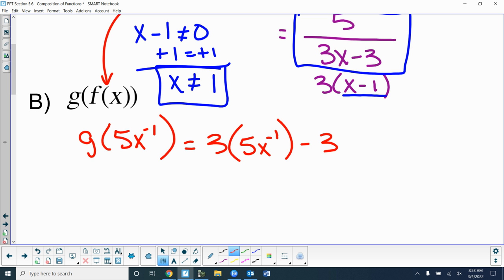Here is just the x to the negative 1, or is the 5 also to the negative 1? This is important. Just the x, right? So the only thing that moves is the x, not the 5. You understand what I'm saying there? These two are different.